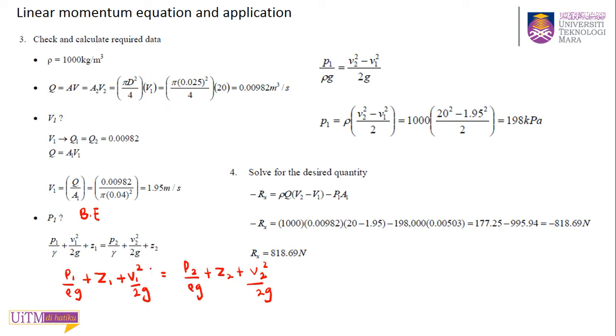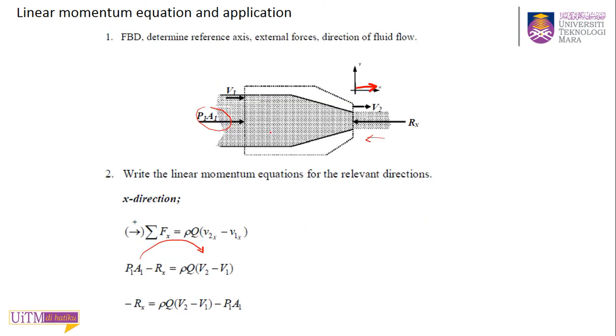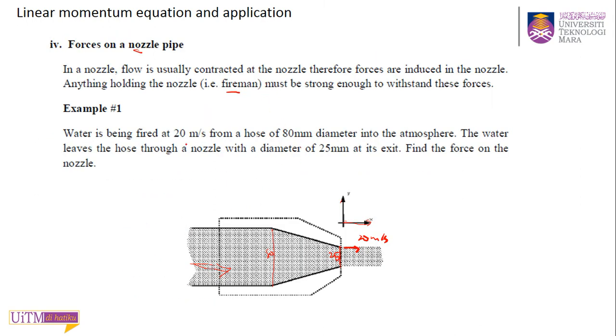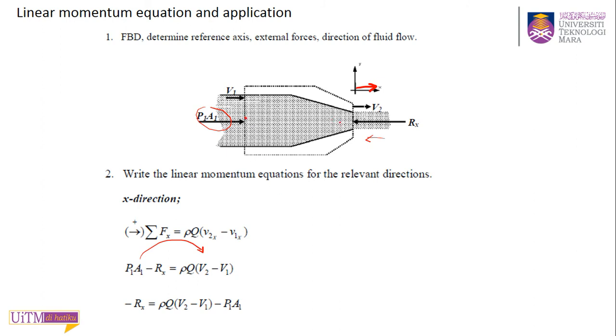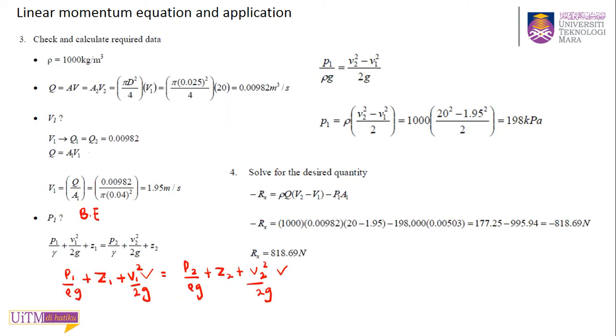You can find your V1 and V2 from the continuity equation, just use Q equals AV. V2 is already given as 20, and you find V1 from the continuity equation. Z1 and Z2 are at the same elevation at point 1 and point 2, so you can cancel out the Z. So it's 0, and they give you what else?